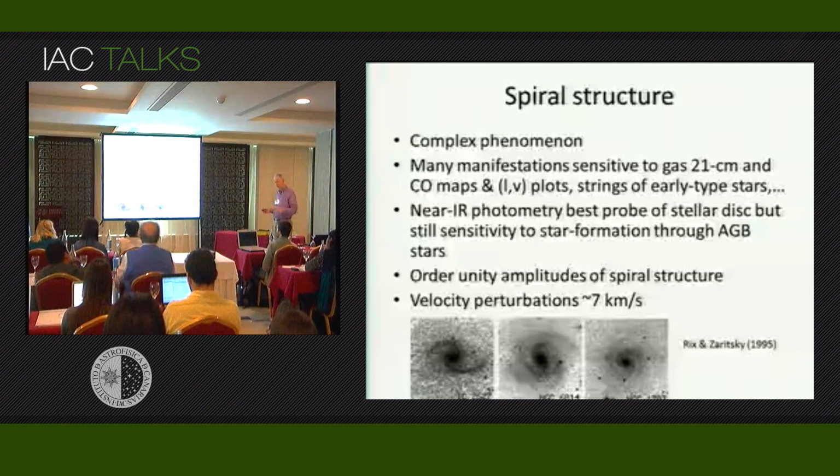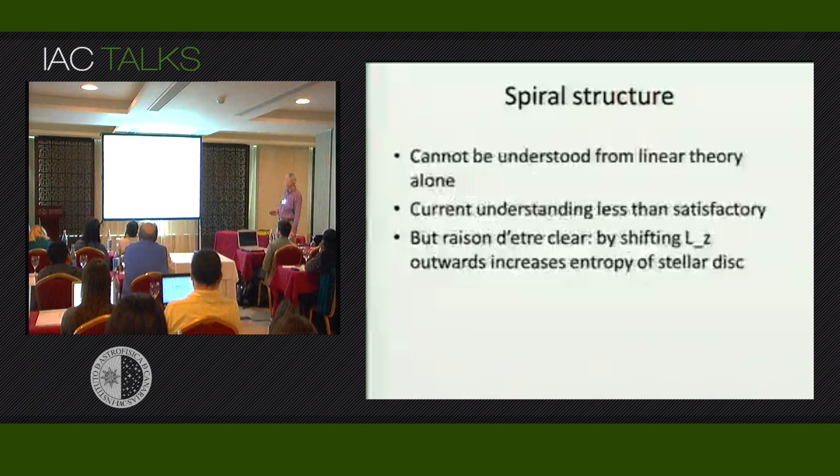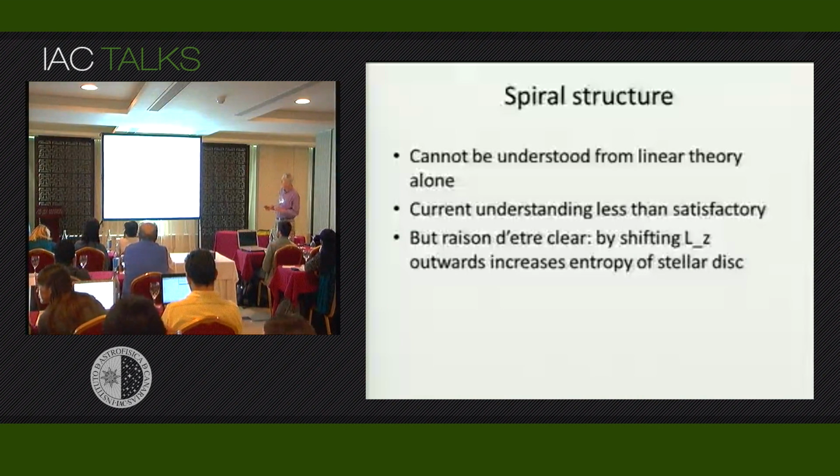So you see fluctuations in what naively you would interpret to be the speed at which gas is moving on circular orbits at different radii, which are on the order of 7 kilometers a second. You see similar fluctuations in the H alpha velocities of gas in other people's galaxies. So that gives you some sense of what the amplitude of the phenomenon is.